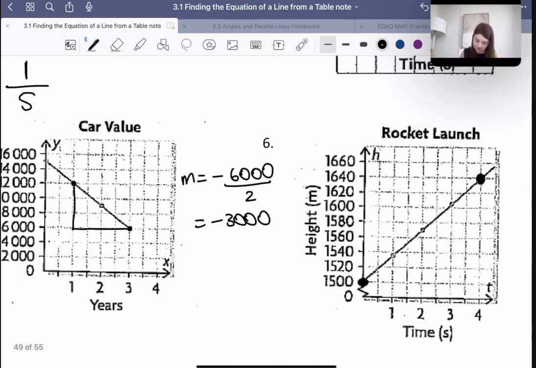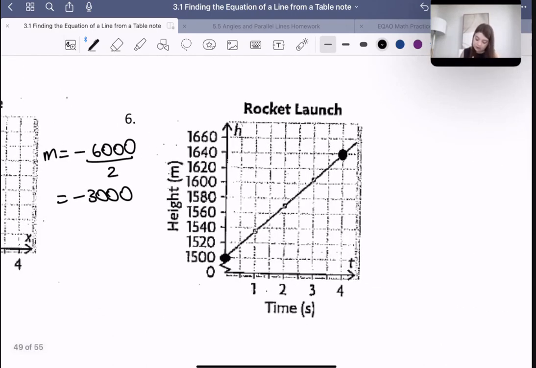Anywho, let's move on to the next one, which is rocket launch. So here we have our 2 points, and what's our rise and our run? Well, let's see. Our rise is going to go from here up to here, so from 1,500 up to 1,640.